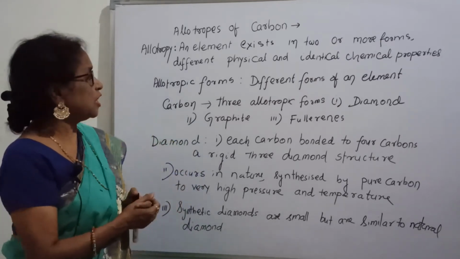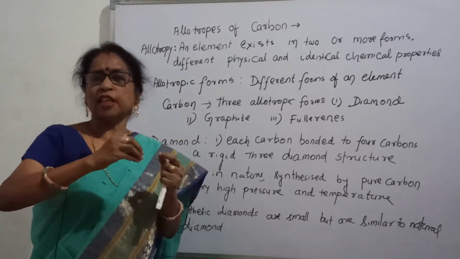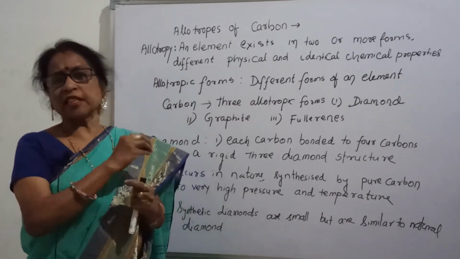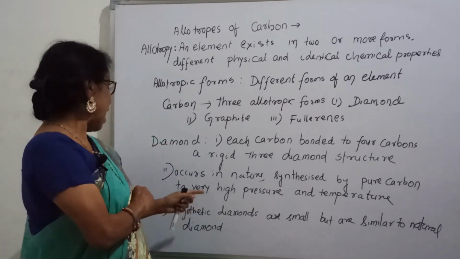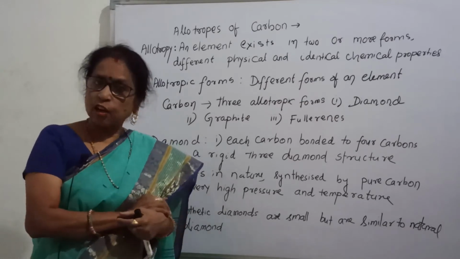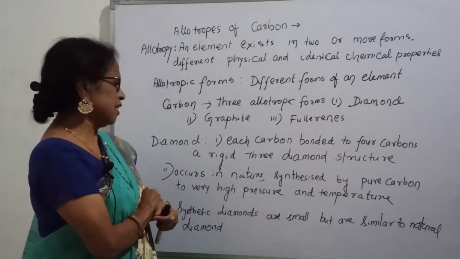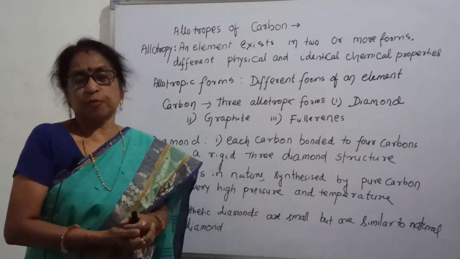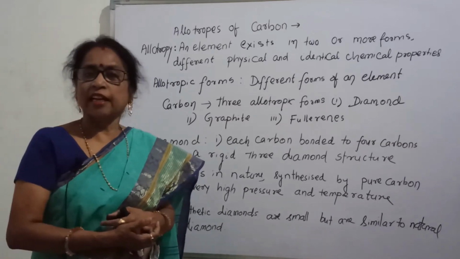I hope it is clear what diamond is. Diamond means one atom attached to 4 atoms by a rigid three-dimensional structure. That is why it is the hardest one, and it occurs in nature. It can also be synthesized by man, but it is very small in size and needs high temperature and pressure. Pure carbon changes to synthetic diamond.